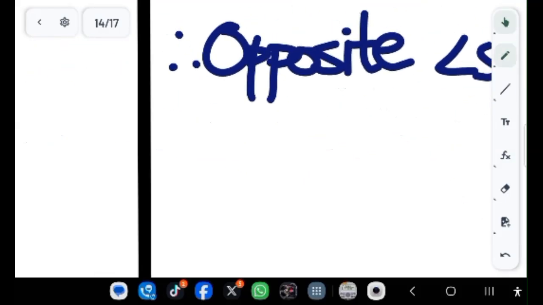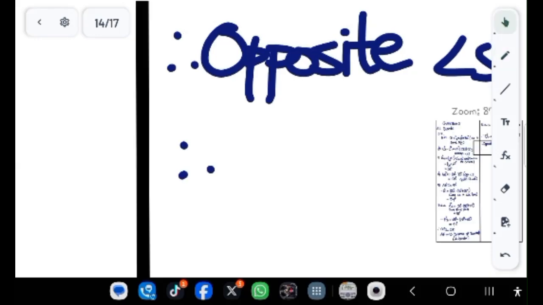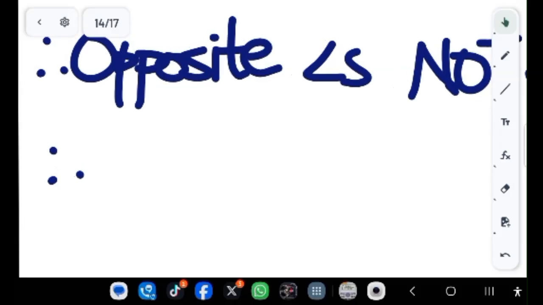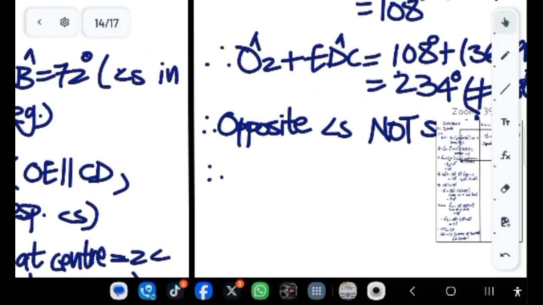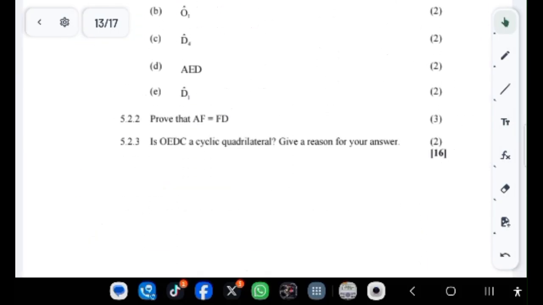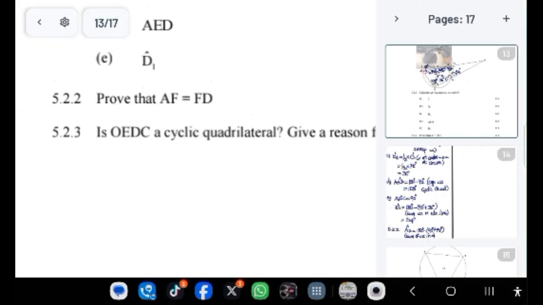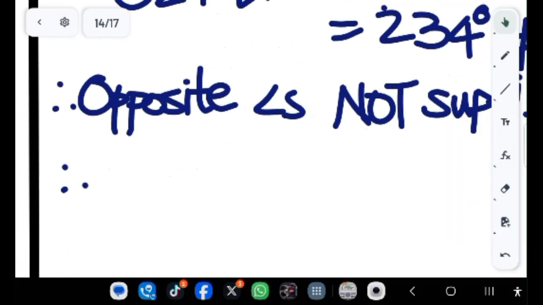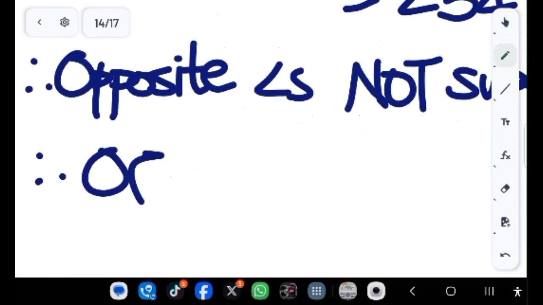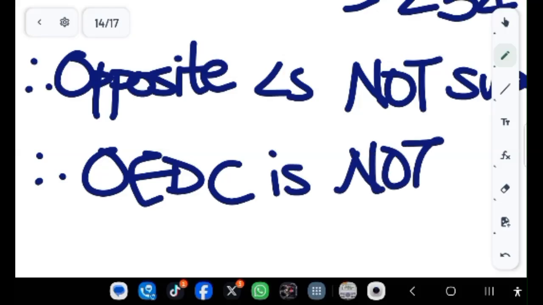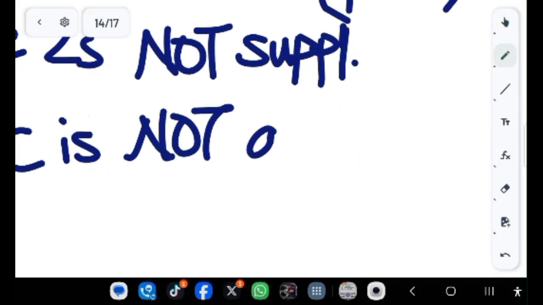Therefore, it is not a cyclic quadrilateral. OEDC is not a cyclic quadrilateral.